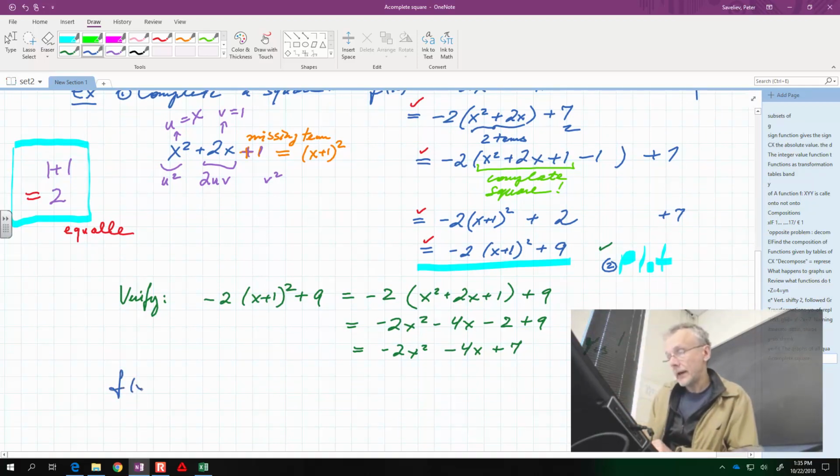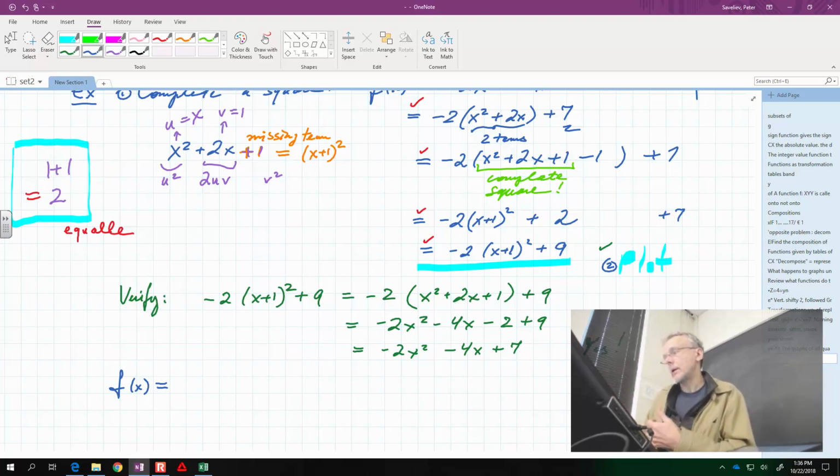So f of x, it's the same function, so I'm using the same notation, negative. How about I put -1 here? Let me rearrange the terms so that they go in chronological order. x plus 1, squared. Then what I do to it, I multiply it by 2, and then I multiply by -1.